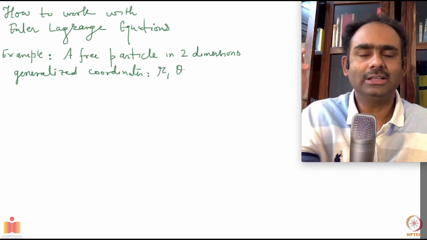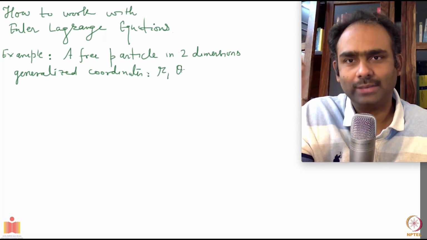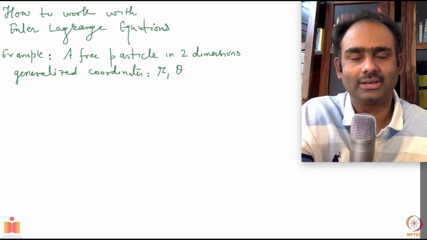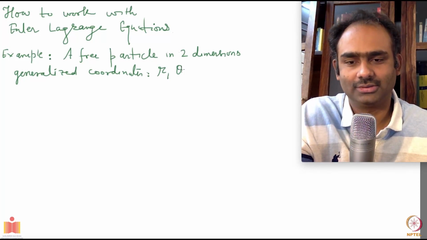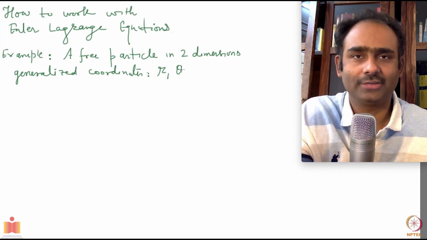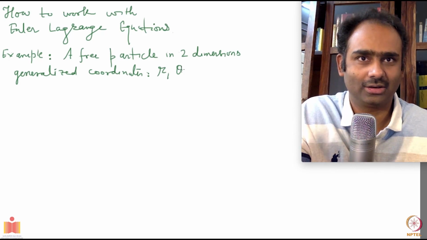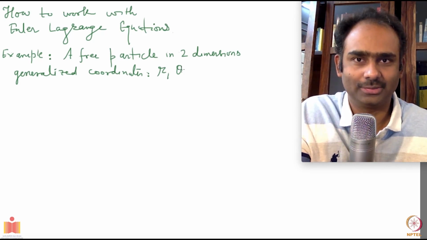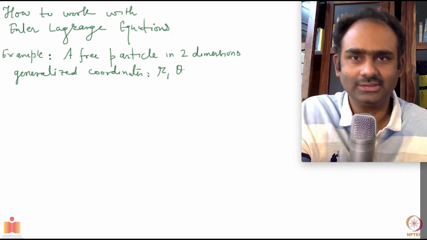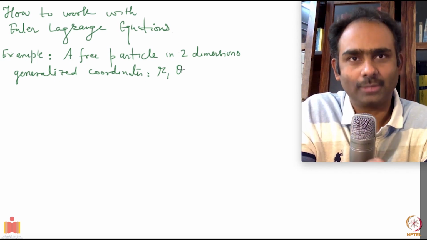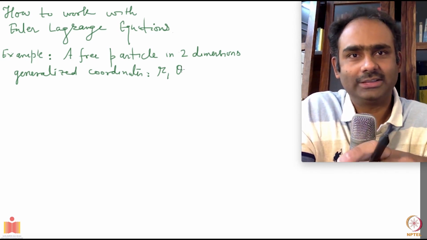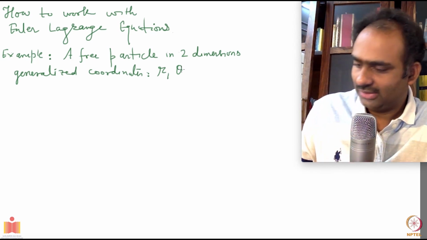And this will typically be the case. Most of the time you will be able to guess what the generalized coordinates are appropriate for the problem. In this case, r and theta and x and y, they are all equally good. Actually, x and y will be even nicer, the Cartesian ones. But generally the symmetry of the problem will dictate to you what should be the generalized coordinates. So let's take this.